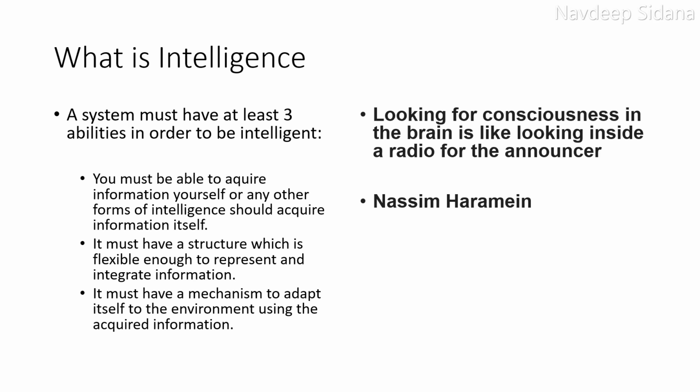I need to first analyze the image and then extract those words and then analyze the words. So it must have a mechanism that is helping itself to be compatible according to the acquired information in whatever format is coming.